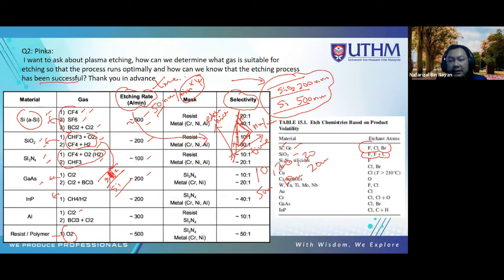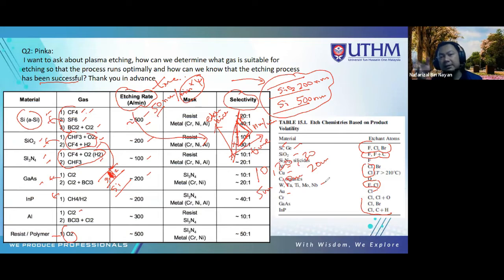And for other metals like aluminium and copper, we need chlorine. This is the most common for metal. Some other hard metals like tungsten, tantalum, titanium, we need a fluorine and chlorine base. For gold, you can use chlorine. So for some other materials, these are the gases that we can use.